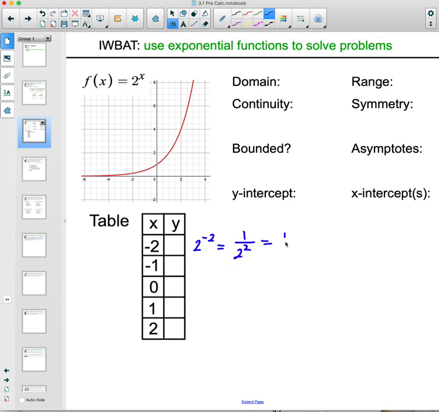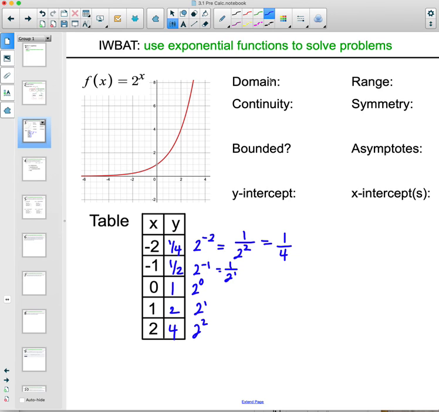So 2 to the -2 is the same as 1/2 squared or 1/4. Then 2 to the -1 would be the same as 1/2 to the +1 or 1/2. 2 to the 0, anything to the 0 power is 1. 2 to the first is 2. 2 to the second is 4, and then we've plotted those here.